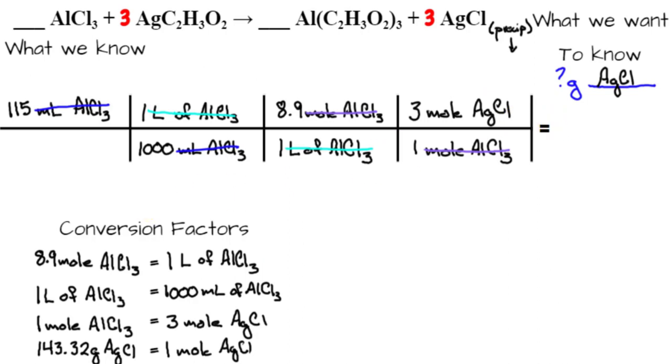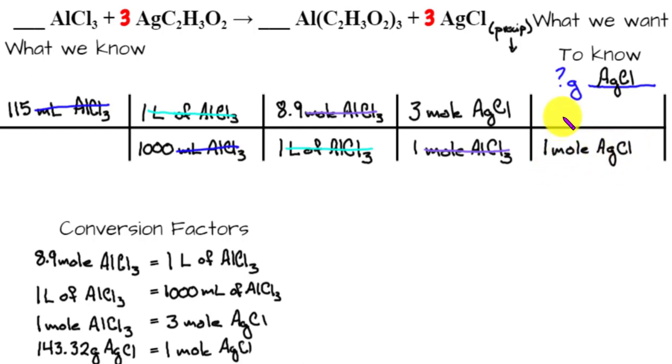Alright, I could use one more field goal, so I'll remove the 3 and I'll put up 4. And in this case, now I want moles, so 1 mole AgCl for every 143.32 grams of AgCl.